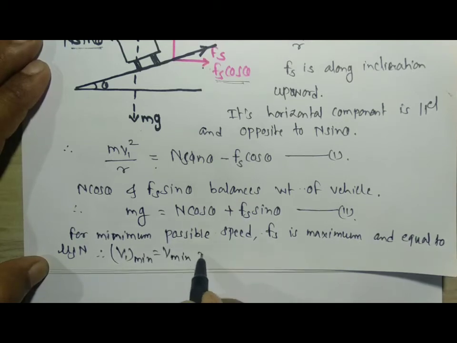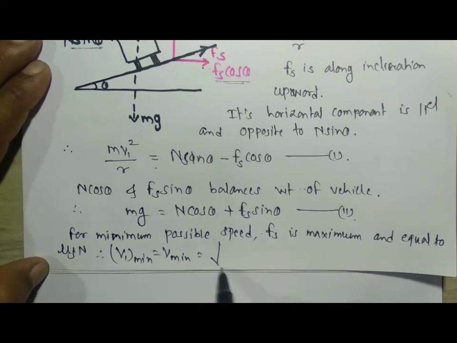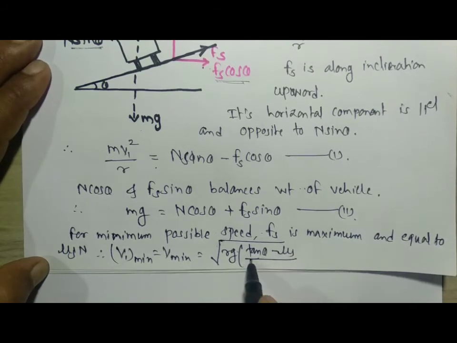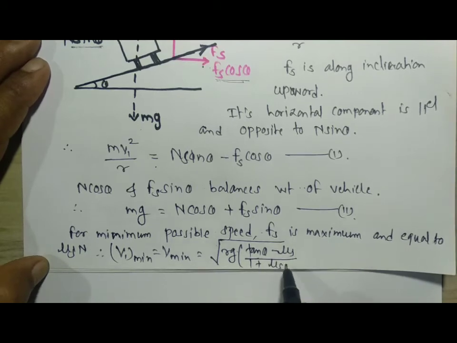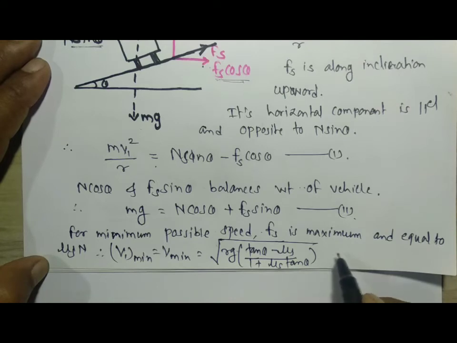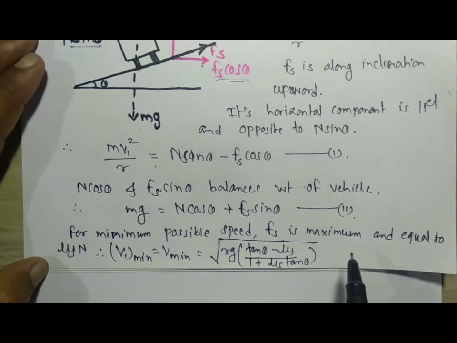That means the minimum possible speed on that banked curved road is nothing but square root of rg times tan theta minus mu s divided by 1 plus mu s tan theta, and this is your minimum possible speed at that time.